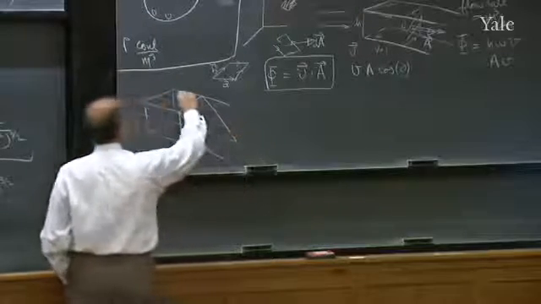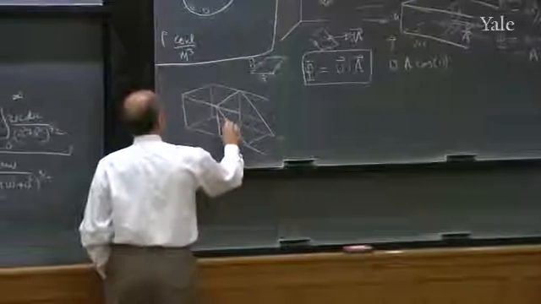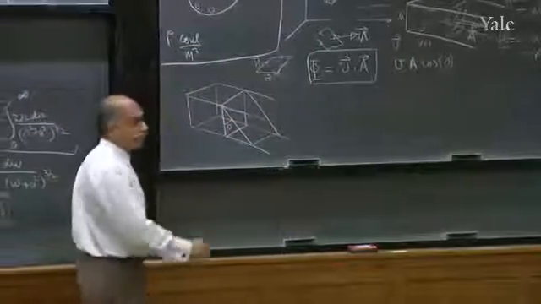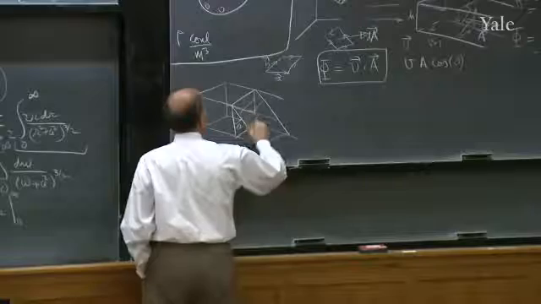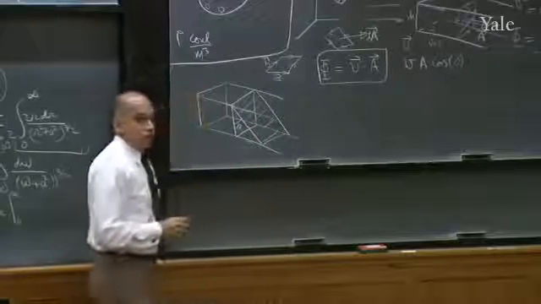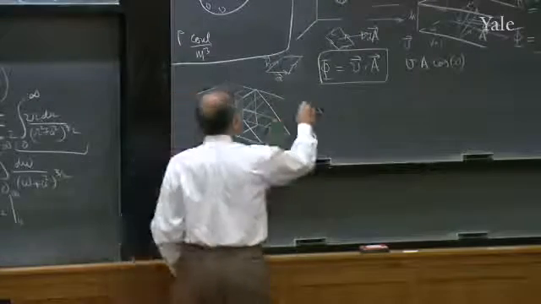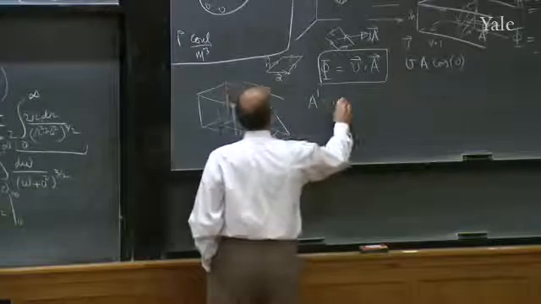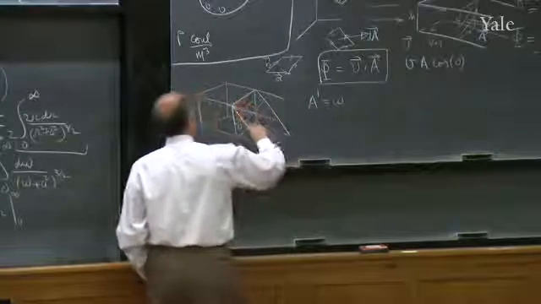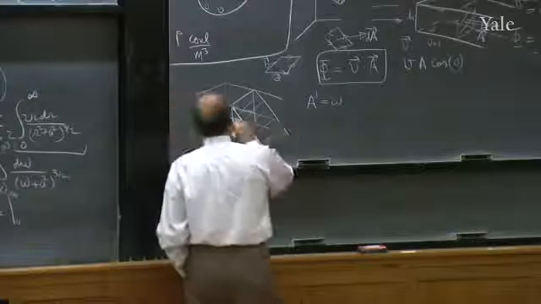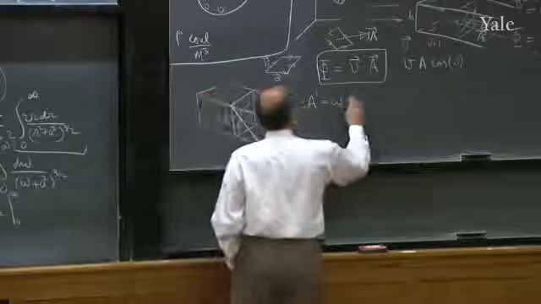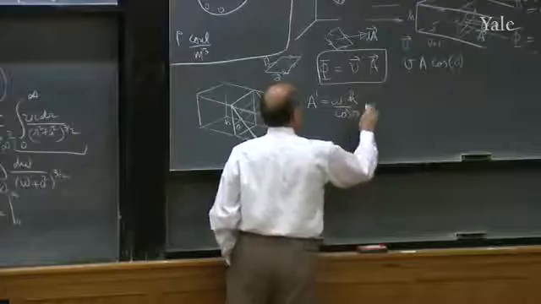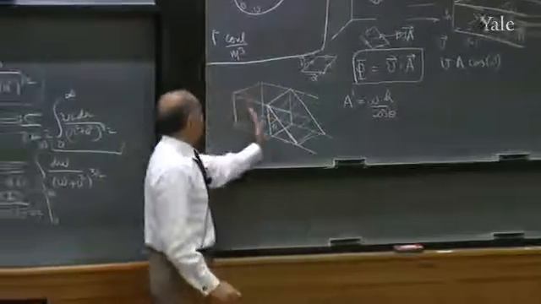It also goes from the ceiling to the floor, but it's tilted at an angle theta. So it's a bigger area than the original one. How much bigger? That area A prime, I claim, is equal to the base w times this side. This side is h over cosine theta. The theta is the angle between these two planes.